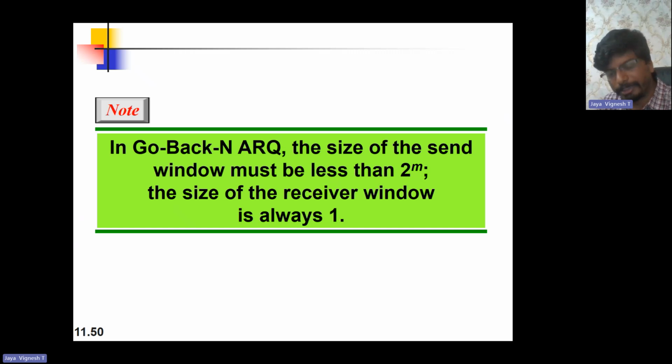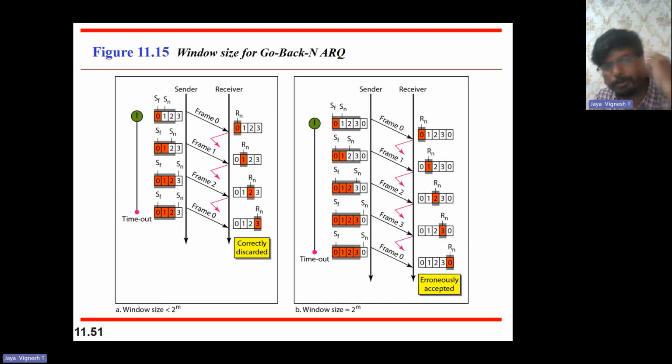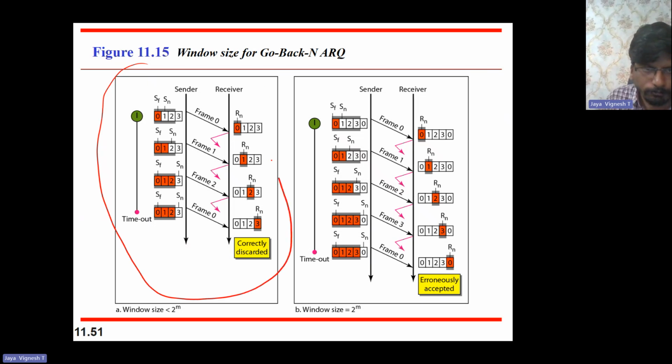But why are you saying the window size is 1 less than 2 power m, and not 2 power m only? We will look at why this window size is chosen by looking at this scenario. So look at this left-hand side picture. Here the window size is chosen.